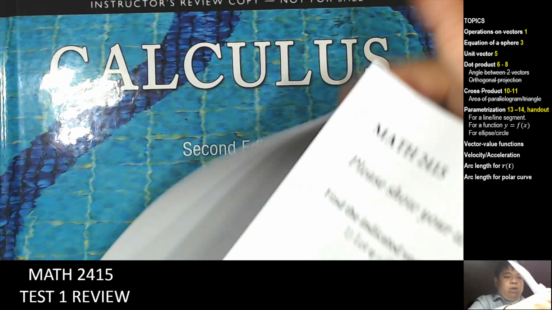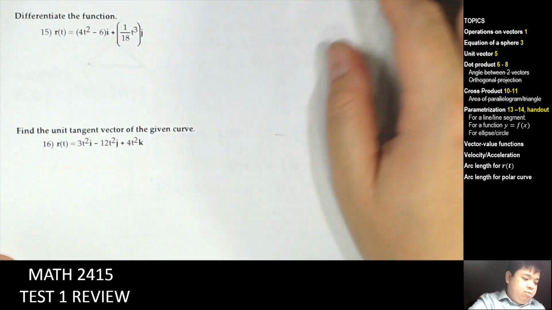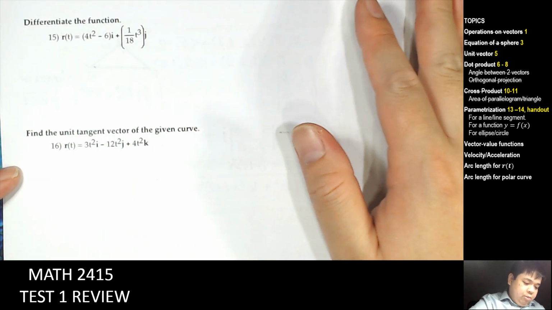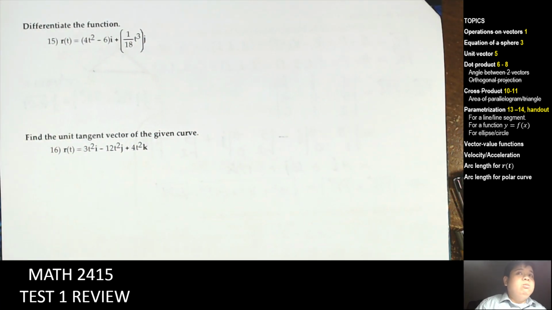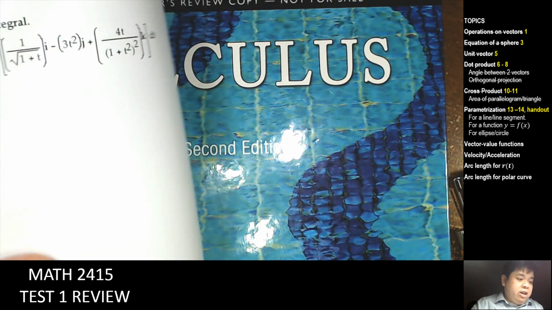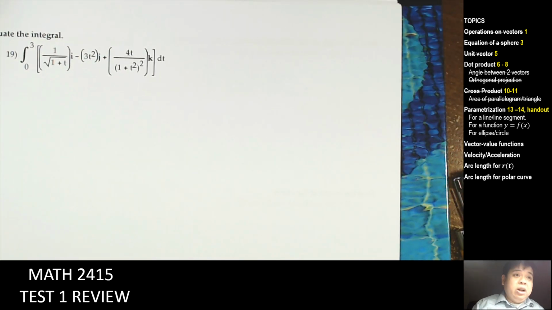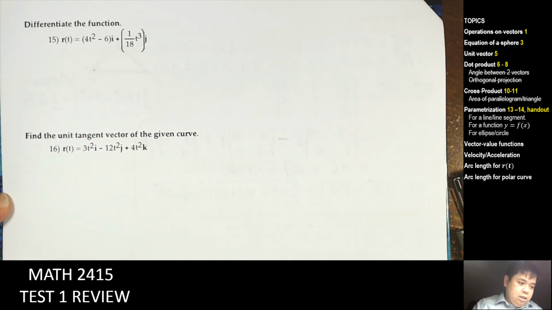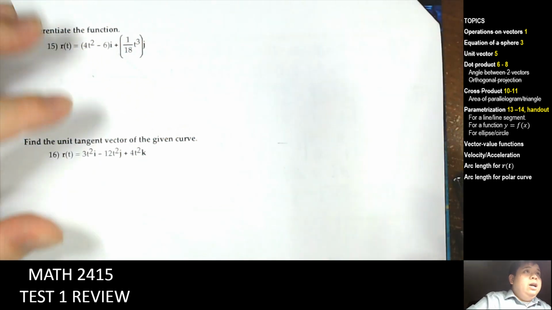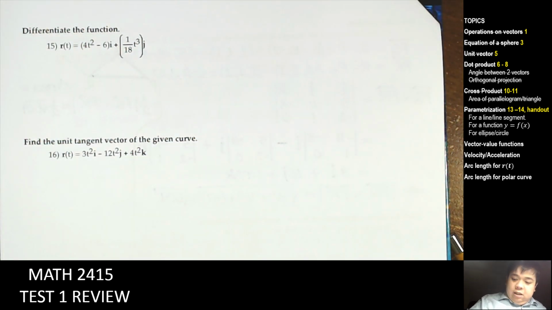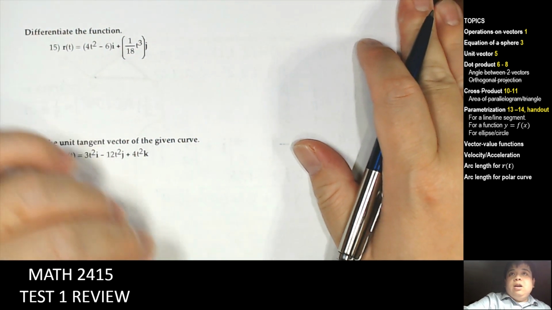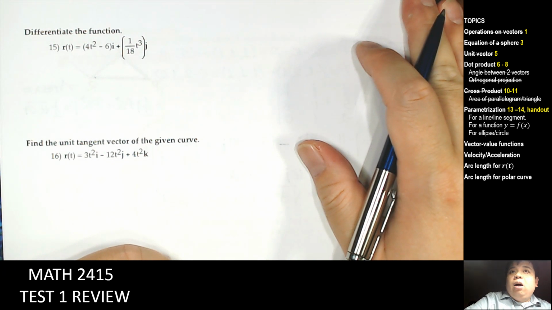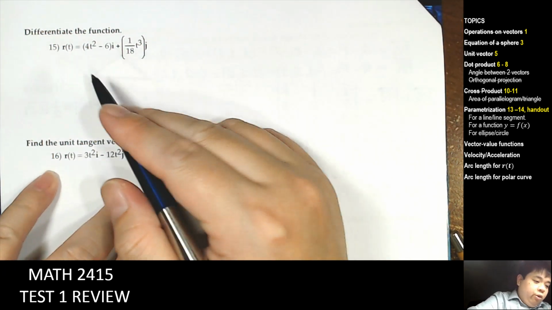Next we have the calculus of vector value functions. So this should be really simple. We take the derivative or we integrate. So that will be 15, so differentiate.